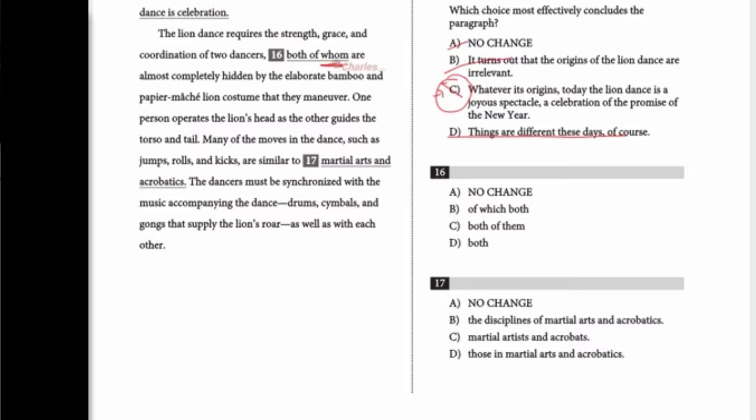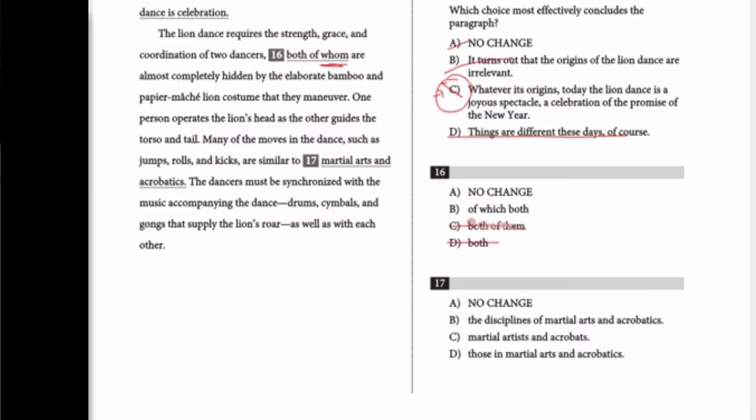So this suggests both of whom is an object pronoun, whom versus who. Or without the pronoun at all. It's definitely not both of them, third person. And it can't just be both. Both are completely lost, because that would actually be an independent clause after the comma. So that would be a comma splice.